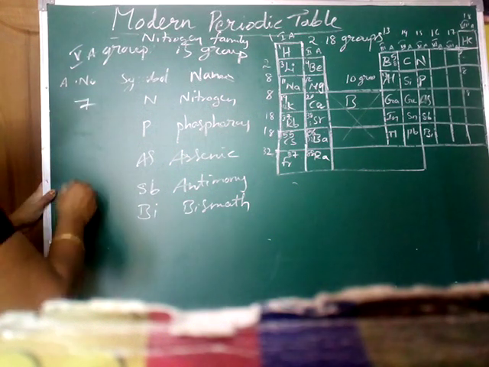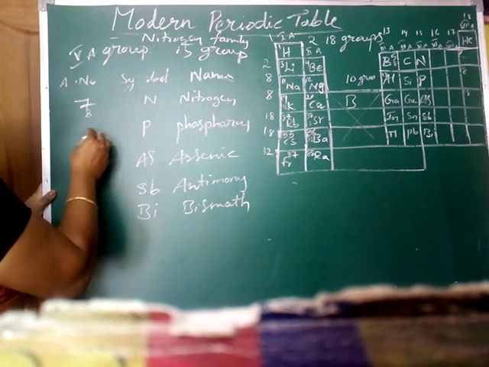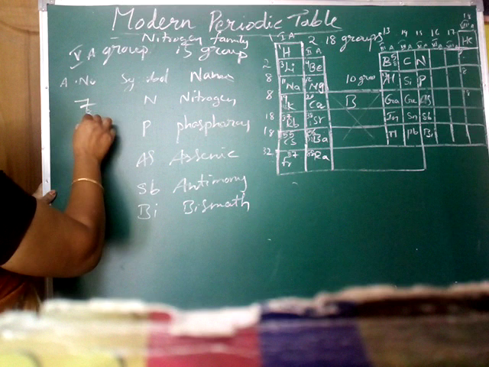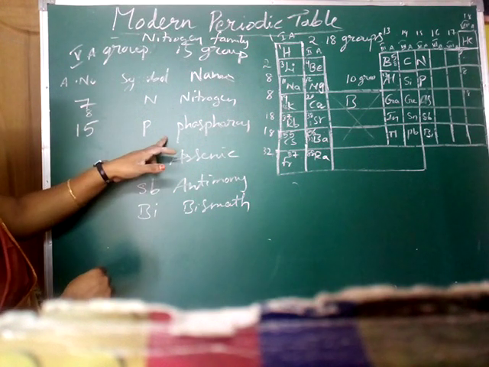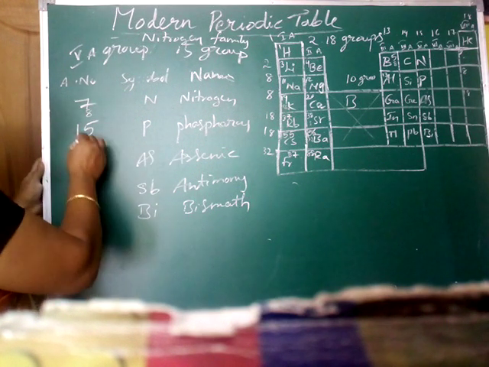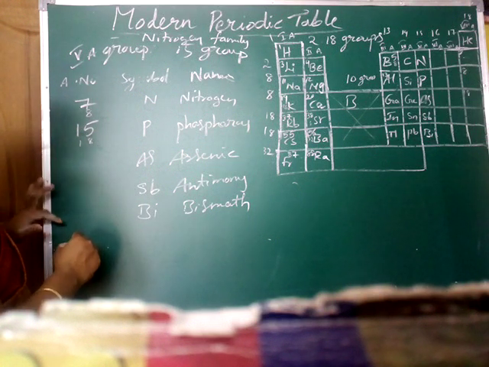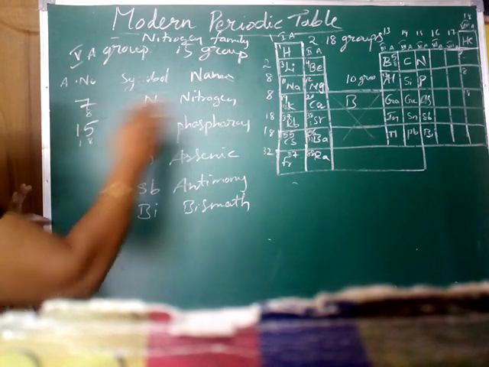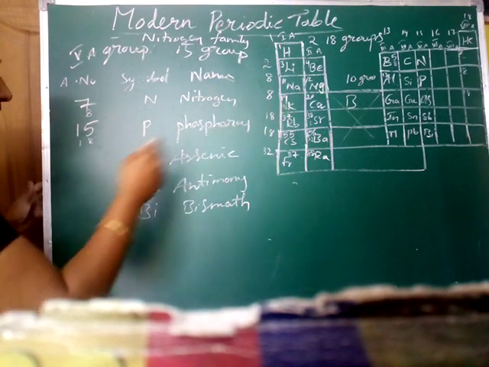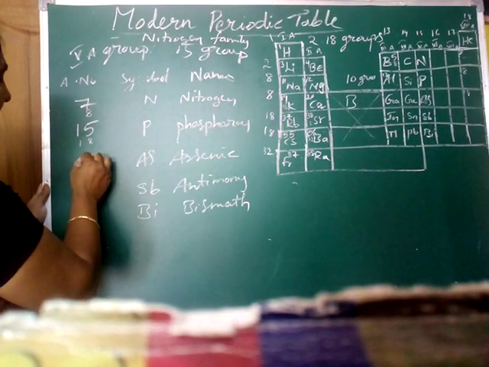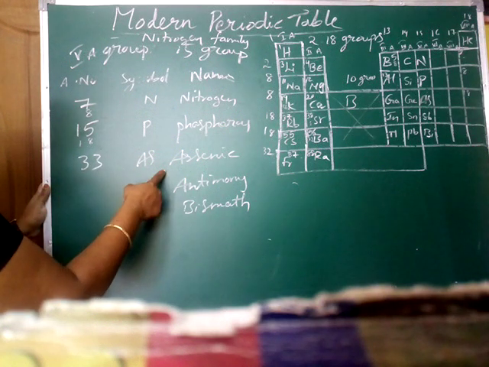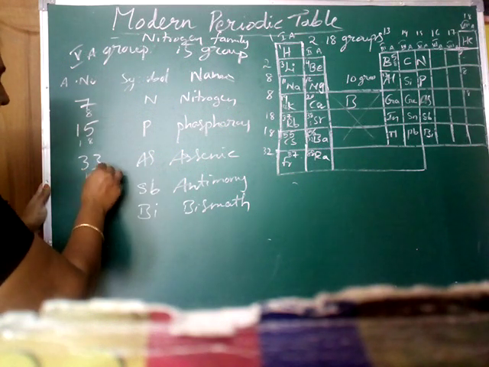Nitrogen is 7, we know that. If you add 8 to this, you will get 15, the atomic number of phosphorus. Then after, we have to add 18. 8, 18, 18, 32, 32 have to be added. Don't confuse here for the s block and p block. Adding 18 we will get 33, the atomic number of arsenic, and again we have to add 18.